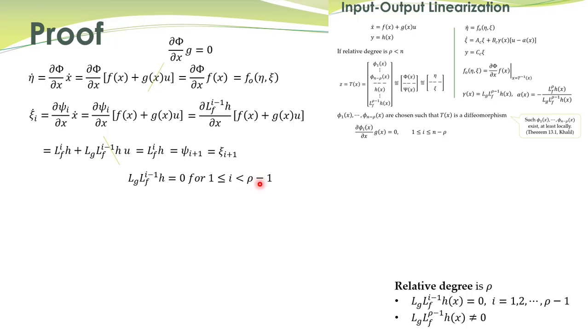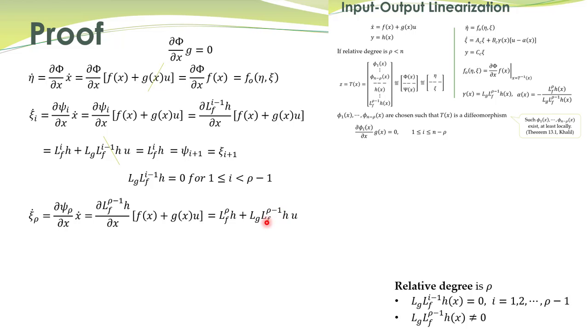So for i between 1 and rho minus 1, this is the case, and when i is equal to rho, then again we have written the same equation, except that instead of i we have substituted rho, and for that case you have this situation, which is this expression.